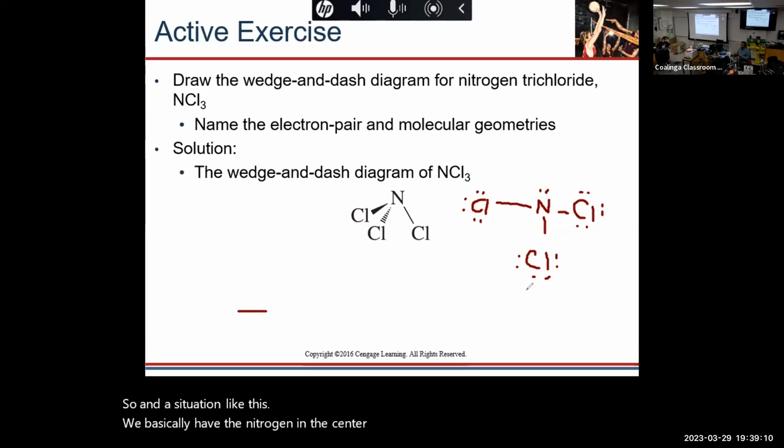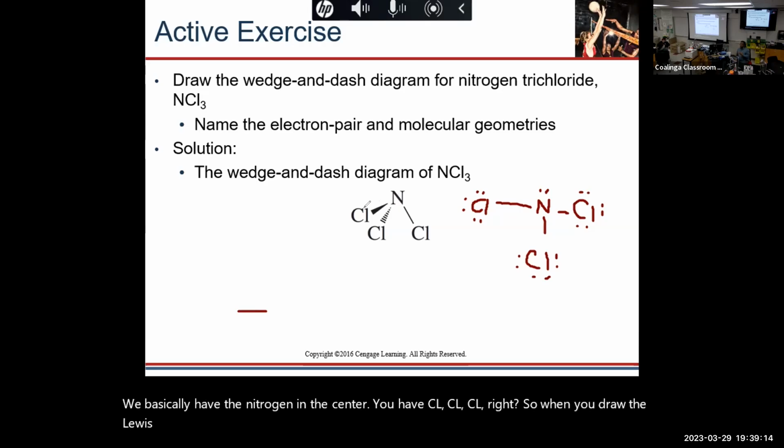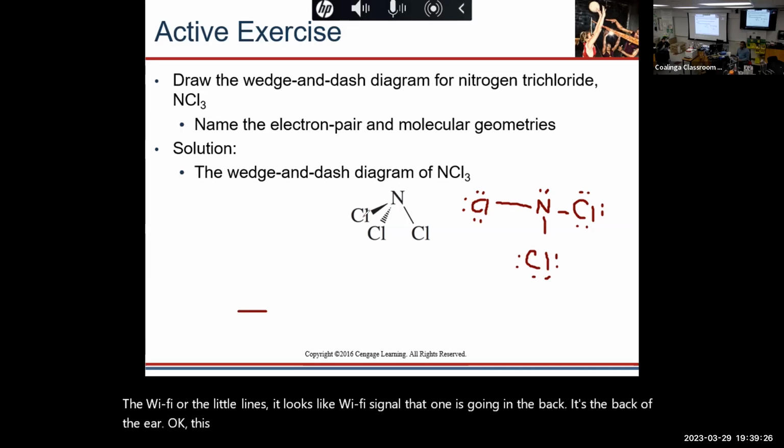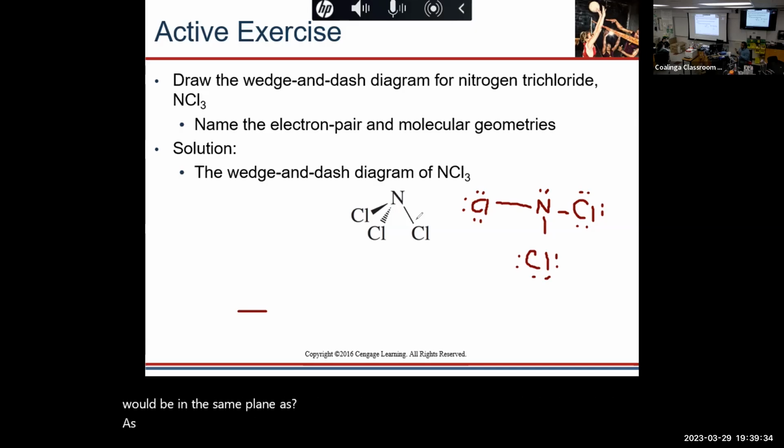You have Cl, Cl, Cl, right? So when you draw the Lewis, the wedge dash structure, the dashed lines, that one is going to the back. This first one, the wedge, that one is coming out towards us. And then this one would be in the same plane as the nitrogen itself.